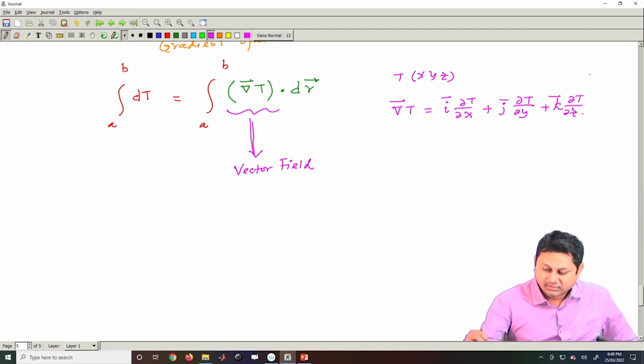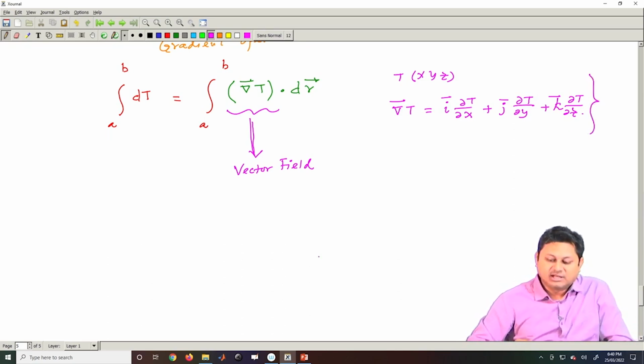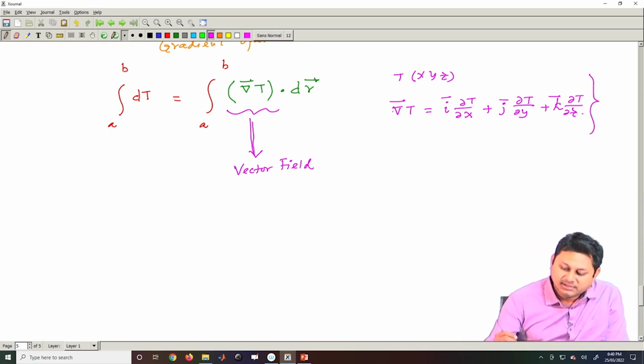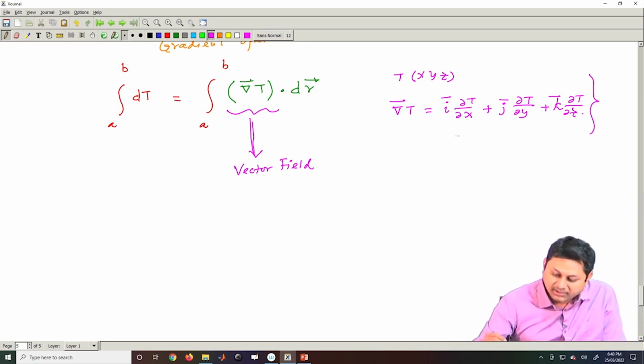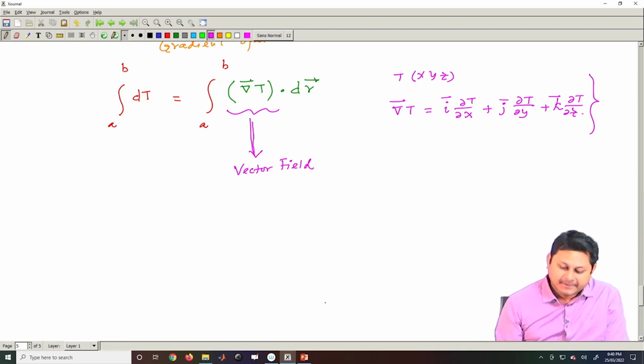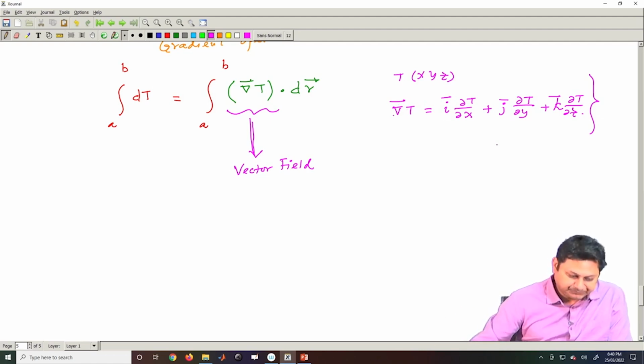So, this is the entire picture. T is a scalar field and I am operating this del operator over the scalar field. What I am getting is a vector field. So, T is a scalar field, but when I operate in this way with the del operator, I am getting a vector field.